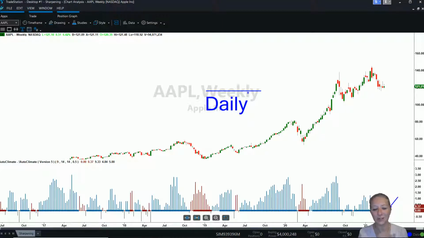Okay, so let's assume we're on a daily chart and we're looking at our Autoclimate and we see a thin blue dot. If that is your methodology to use the daily for your climate and therefore probably your 55-minute for your entries and for your AutoUFOs, I wouldn't necessarily be changing to a different climate or to a different time frame in order to validate your climate. You can do that.